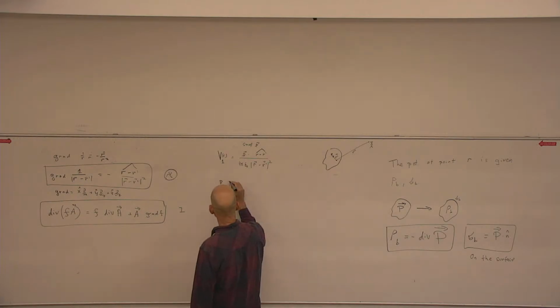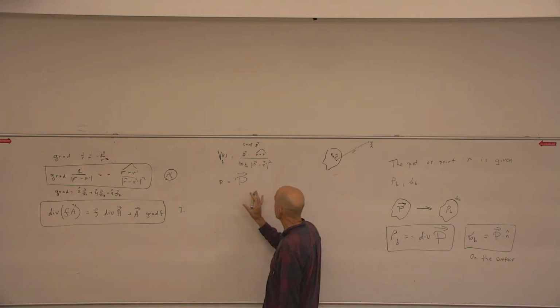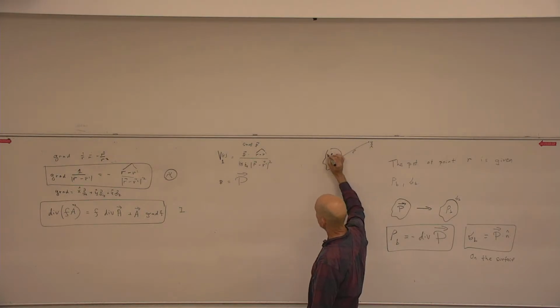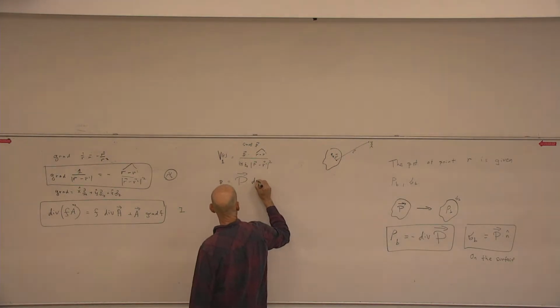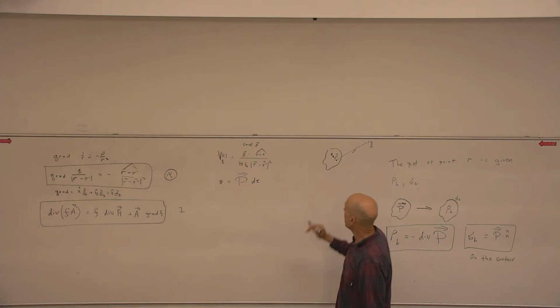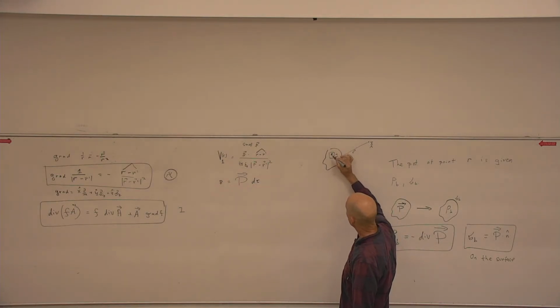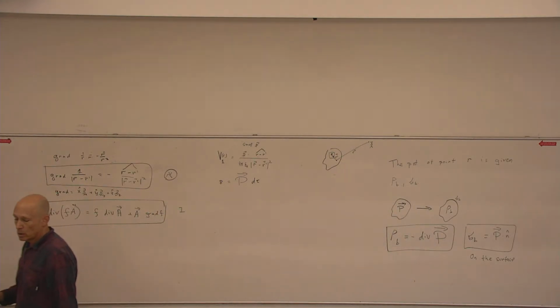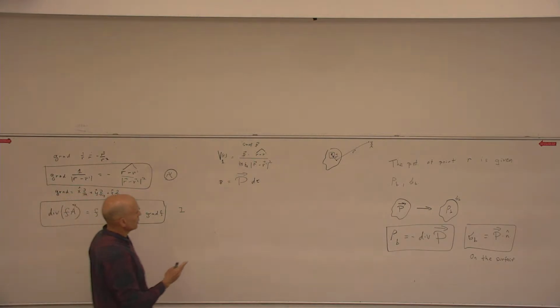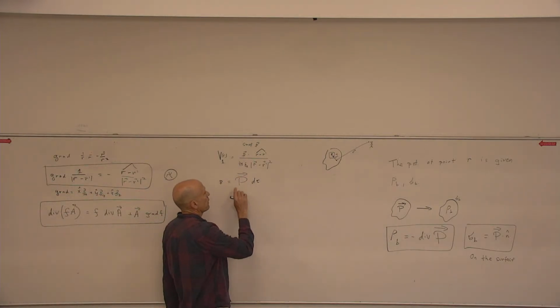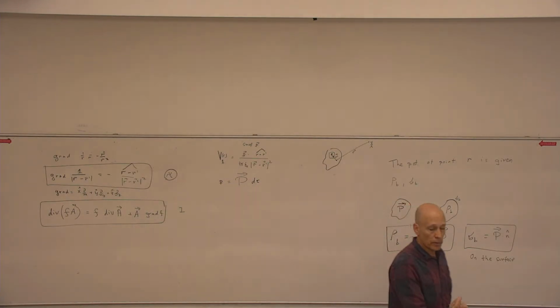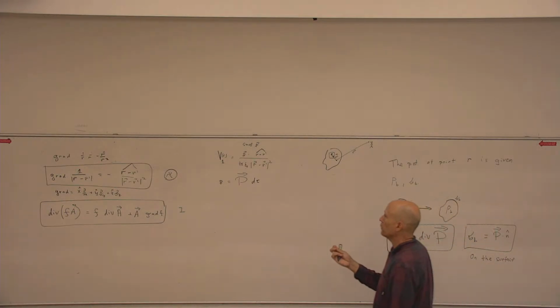But what we are going to do is say this is the field which depends on r prime, x prime, y prime. So this is the polarization field multiplied by d tau. So what am I doing here? I have in this box here, I'm summing up all these small dipoles, giving you the polarization. This is not from one, but from many. This represents an average kind of dipole.